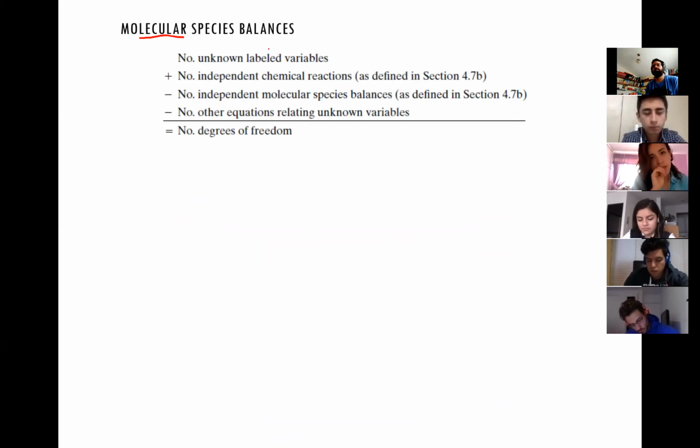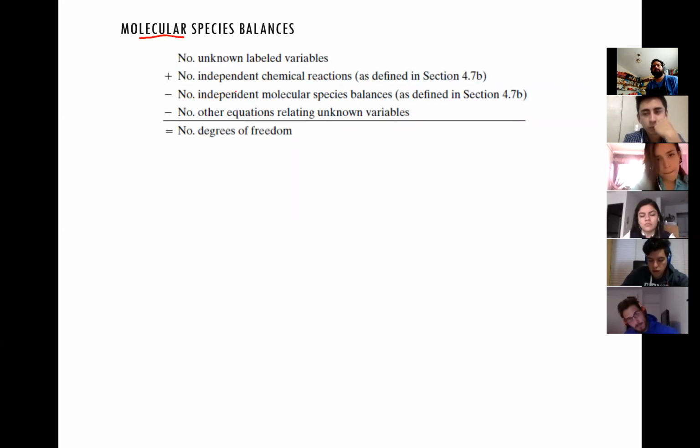Okay, so to calculate the degrees of freedom of the molecular species, we have the number of unknown variables. Let's say that it's a flow, or a molar fraction, and so on, right? Then we add the number of independent chemical reactions. We have to make sure that the chemical reactions are independent, and see how many there are.